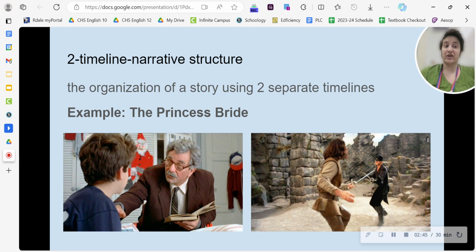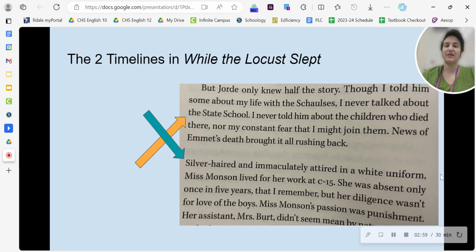It doesn't stay there, though. Throughout the movie, we jump back to the boy and his grandfather, and then back to the fantasy realm, so we move freely between these two timelines. That's two-timeline narrative structure. So in While the Locust Slept, we can see this in many places in the book.